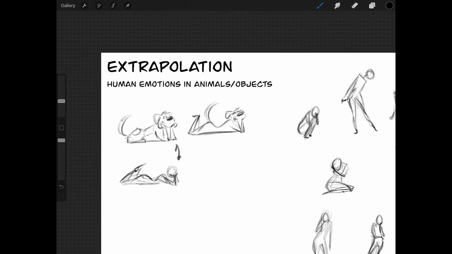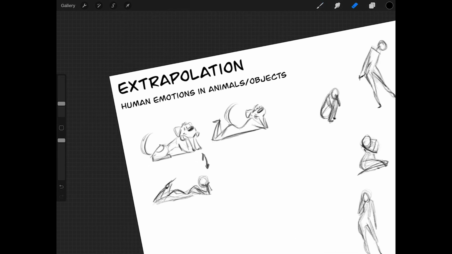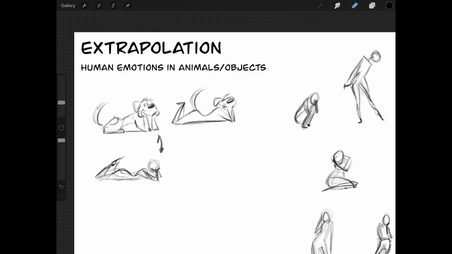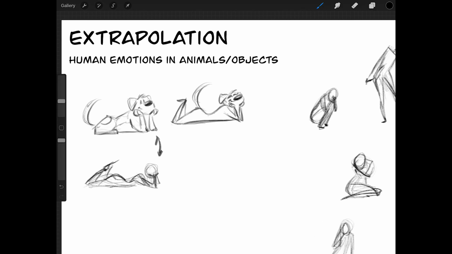So what we did here is we actually basically took the human body and we only changed a little things around in terms of making this appear as if it actually is a dog.